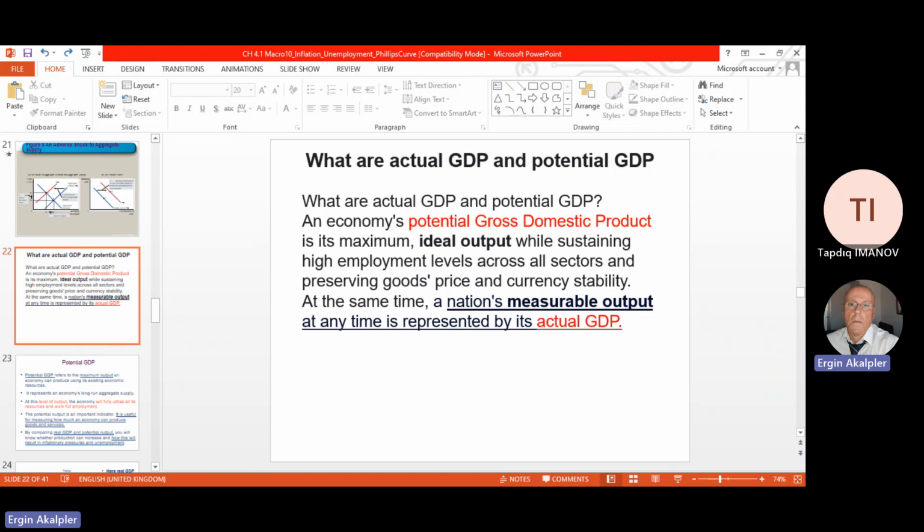An economy's potential gross domestic product, or GDP, is the maximum, ideal output while sustaining a high employment level across all sectors and preserving goods price and currency stability. At the same time, a nation's measurable output at any time is represented by its actual GDP.